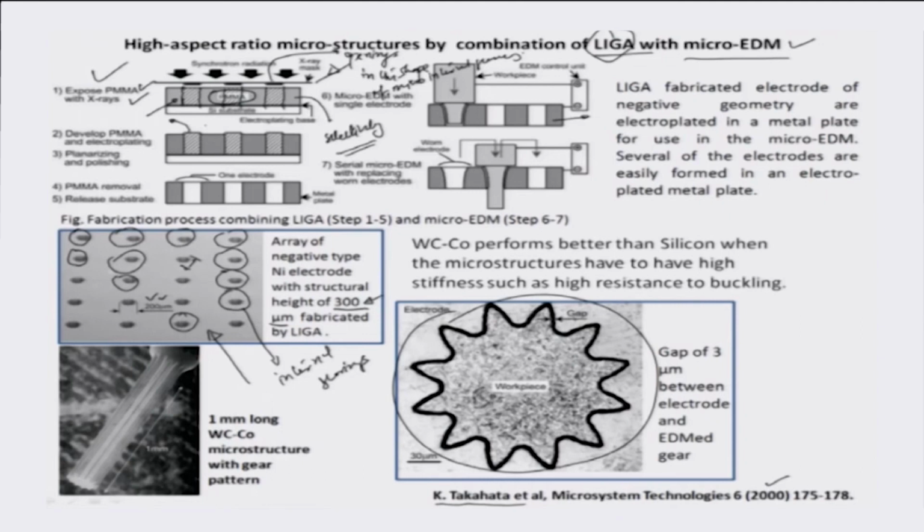Therefore, crevices are formed in the PMMA itself. So, you can do electroplating of these cavities, and after electroplating you can planarize and polish on both sides, so that you are left with only those features which have been embedded inside the PMMA as electroplated features.